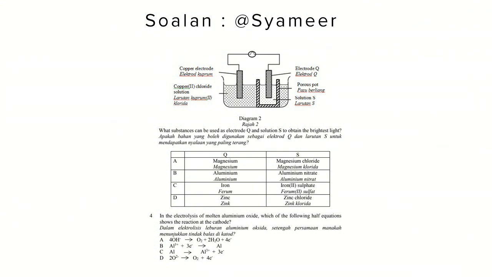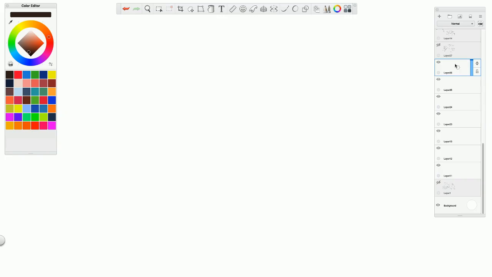The question below, electrolysis of molten aluminium oxide, which of the following half equations show the reaction at the cathode. So for question 4 is B. Okay, because molten aluminium oxide, aluminium ion. So the two answers are A and B. All right. So for this, you just choose the one that is furthest away from copper in the electrochemical series.